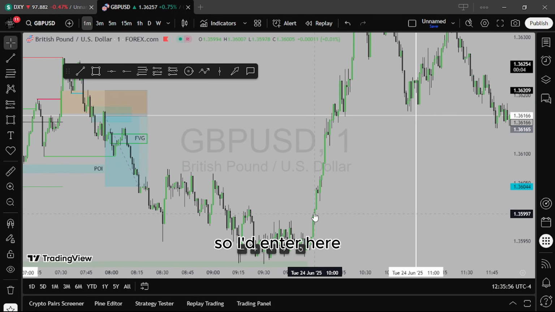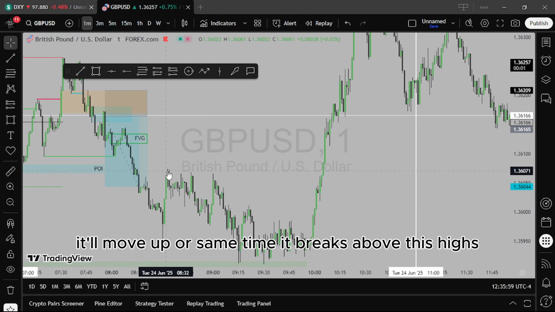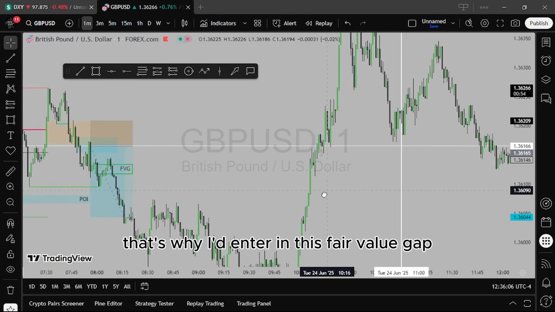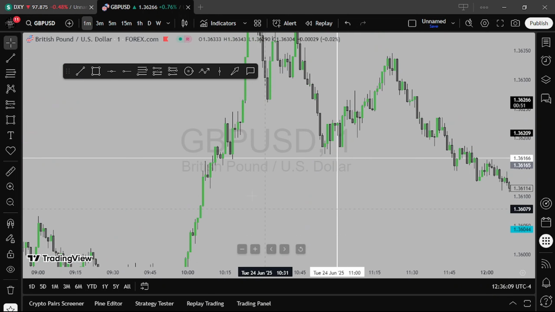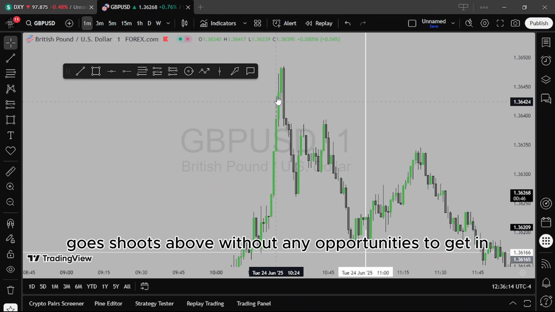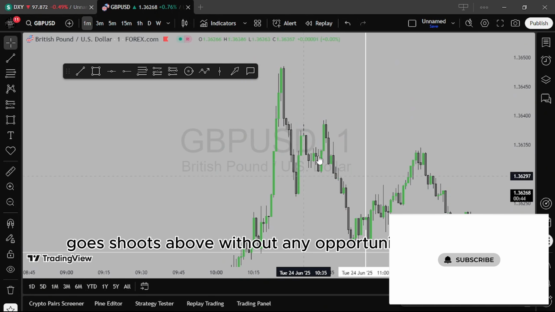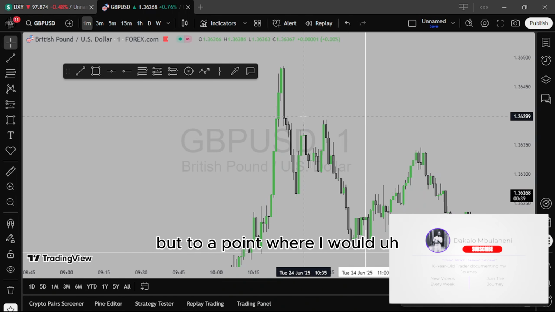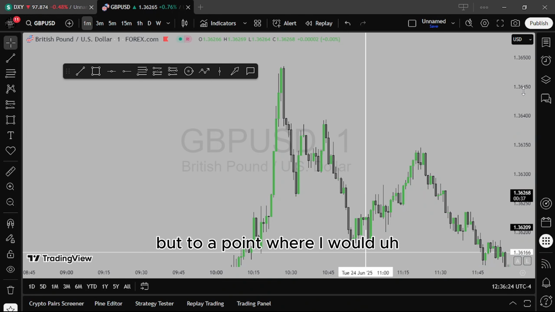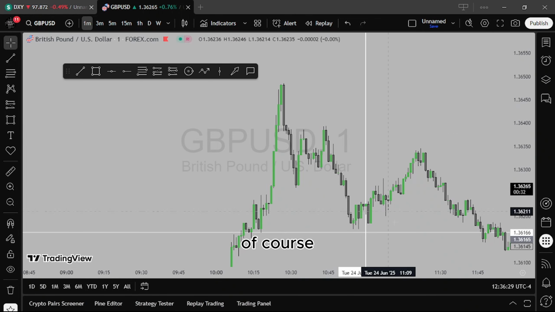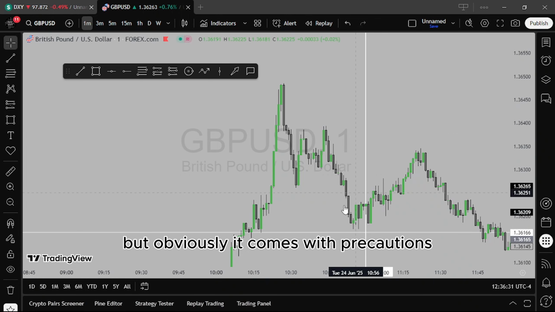So I'd enter here, or when it breaks above these highs, or when it goes back above, I'd enter in this fair value gap, and again here into the fair value gap. If it shoots above without any opportunities to get in, I would honestly enter there too, but not expecting the market to come back below, of course. It comes with precautions.